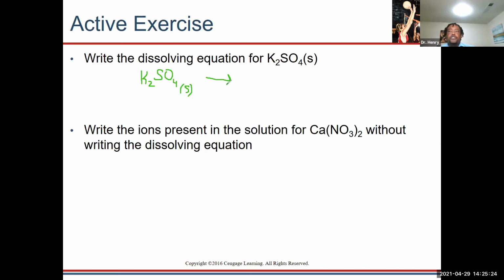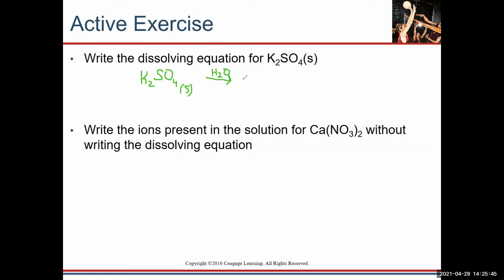Okay, so if I add water to potassium sulfate, what's going to happen? Is it an ionic compound? Is it a covalent compound? What do you think is going to happen to it? It's going to break up.